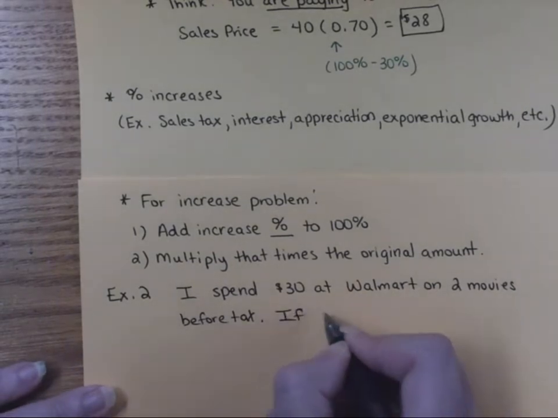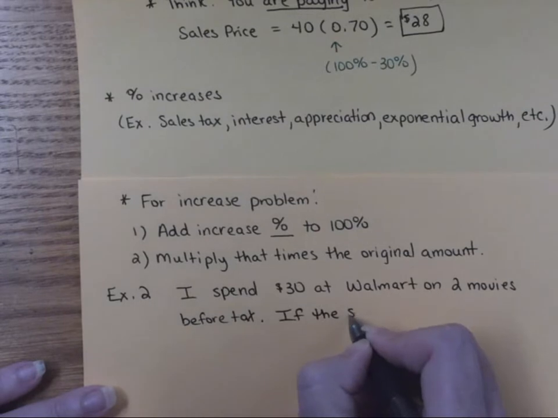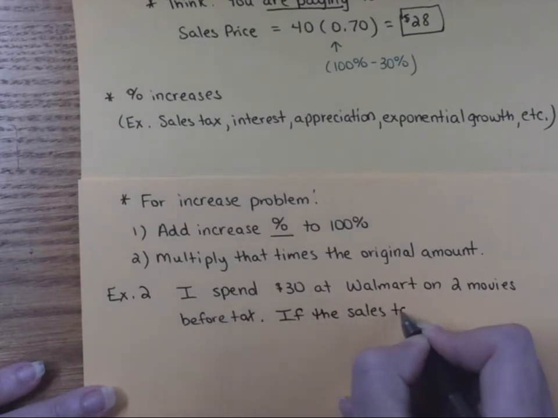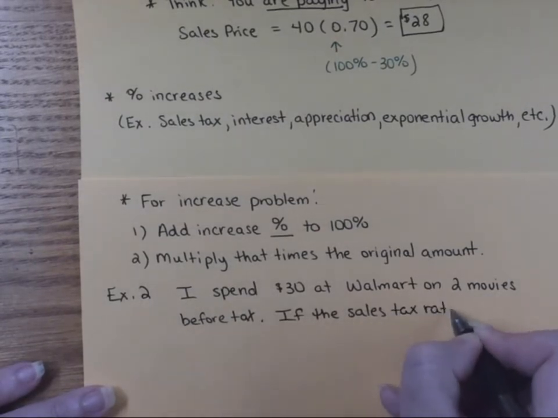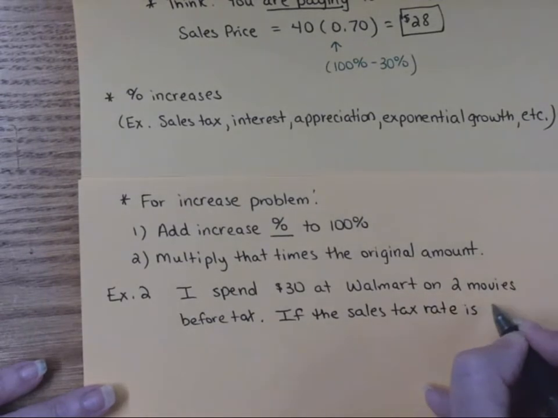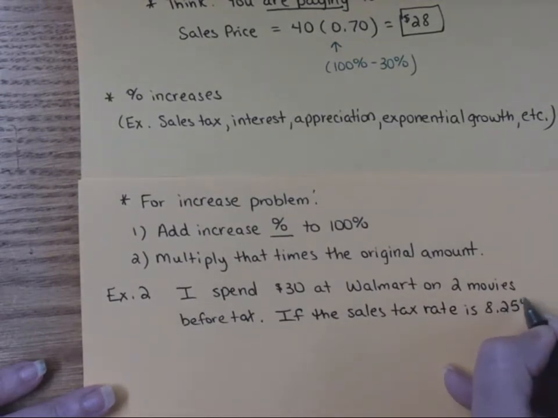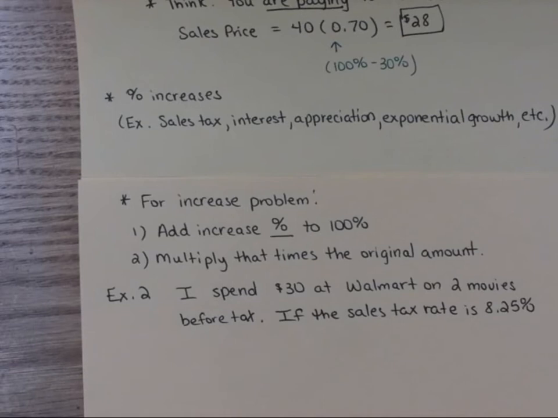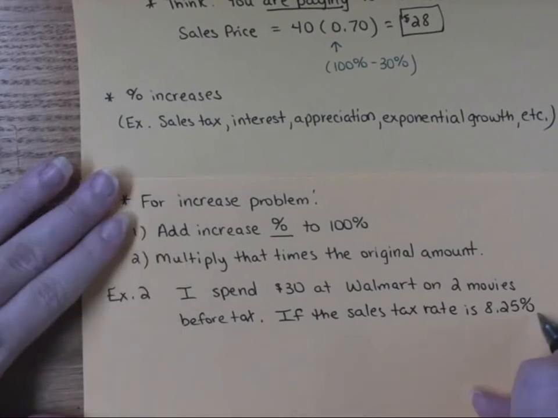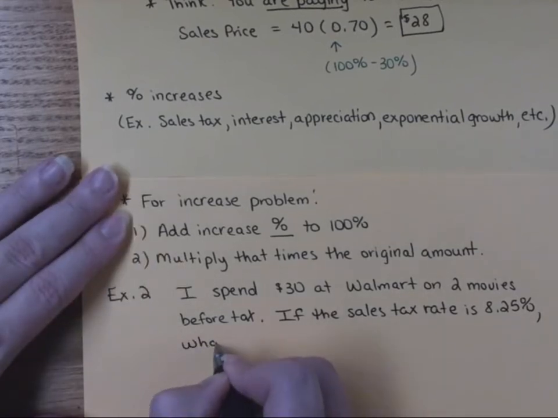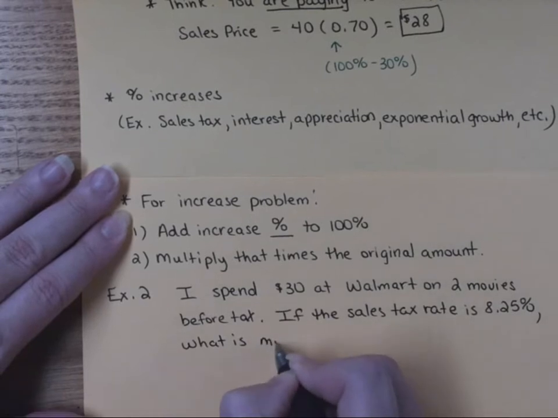So I think the sales tax rate for most places around here is the same, but it can be different in different places. So it's usually 8 point something. So we're just going to say it's 8.25. That's a pretty common sales tax rate. I want you to tell me what my final price is.